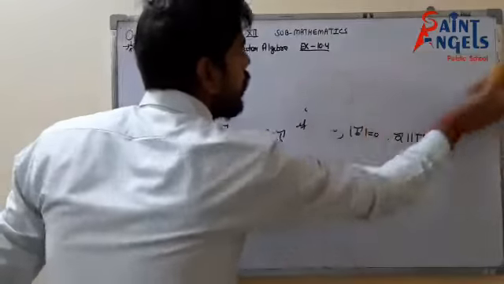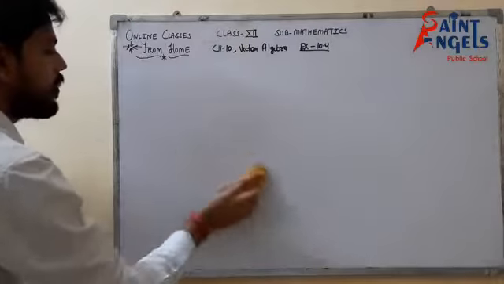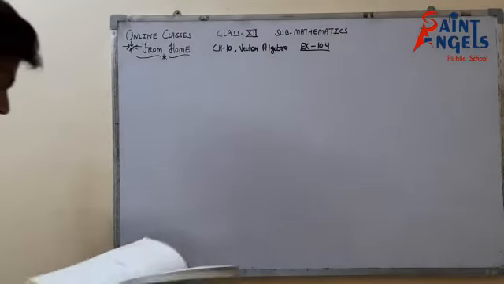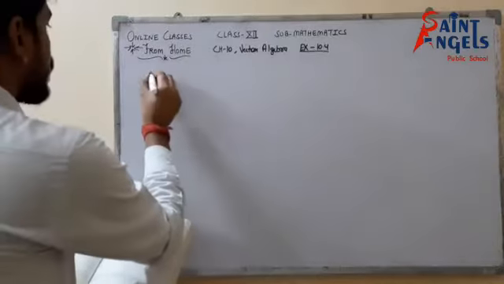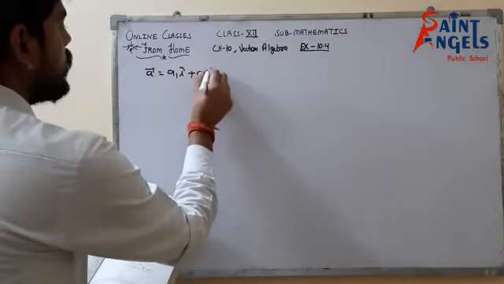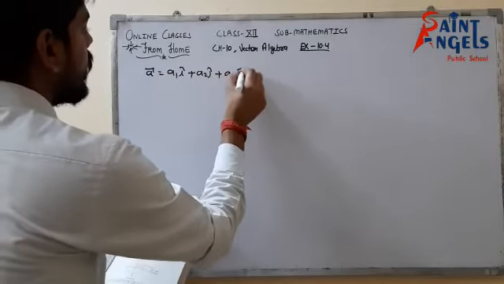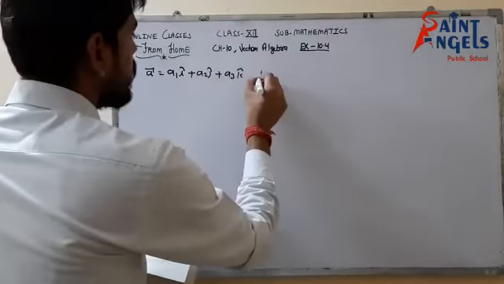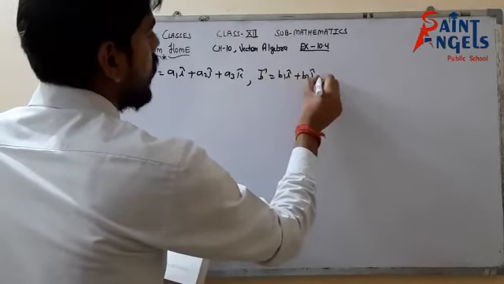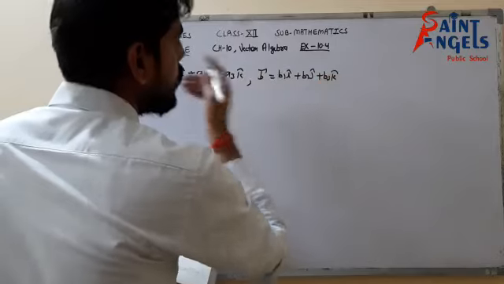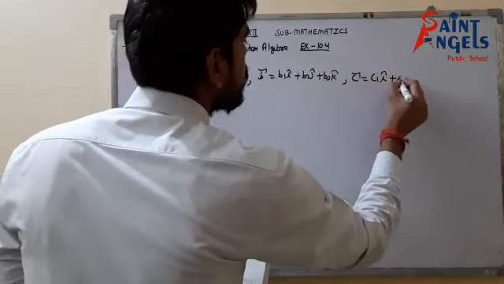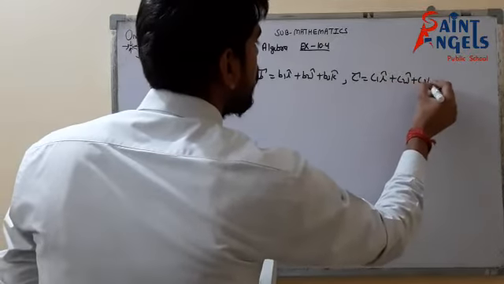Now look at question number 7. In question number 7, we let the vectors A, B, C be given as: vector A is A1 i cap plus A2 j cap plus A3 k cap, vector B equals B1 i cap plus B2 j cap plus B3 k cap, and vector C is C1 i cap plus C2 j cap plus C3 k cap.